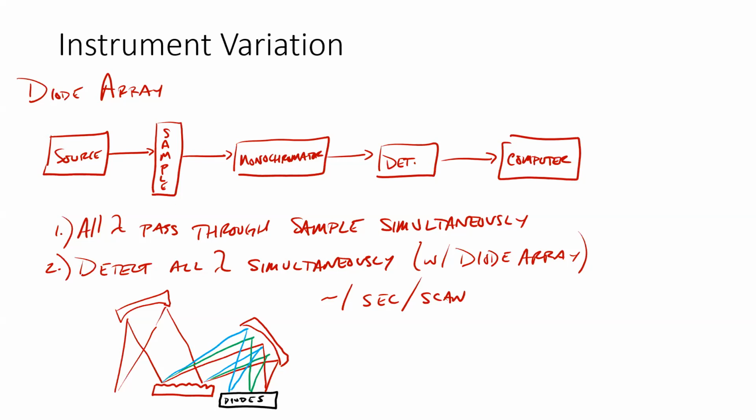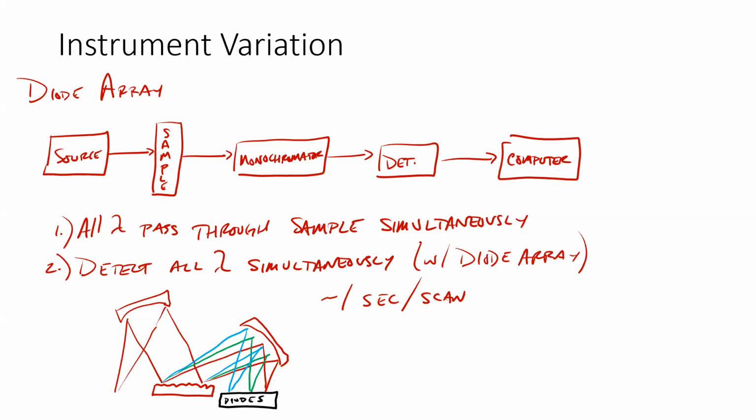There are very few diode arrays that are considered research grade for a couple of reasons. The first is that for a long time, they couldn't make diodes physically small enough to fit a whole bunch into an instrument and not have the instrument be the size of a ping pong table, so that you get good dispersion from your grating.